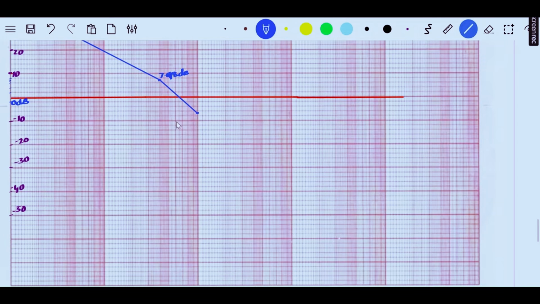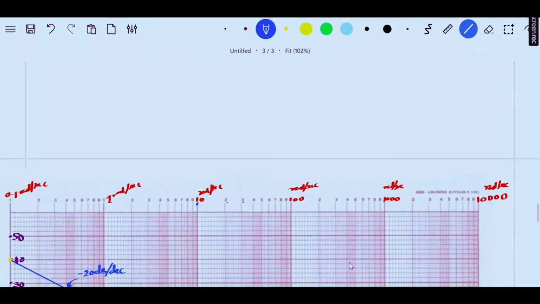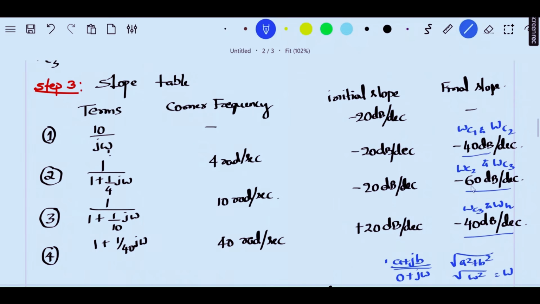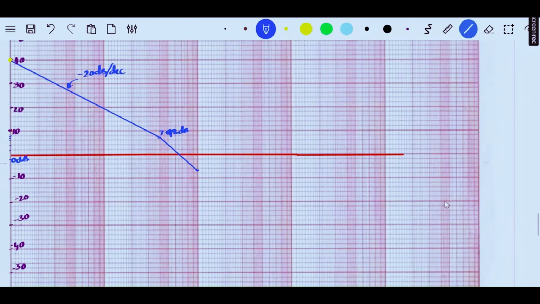Okay, I hope you understood. So this is the line, and this line will give you a slope of minus 40 dB per decade.